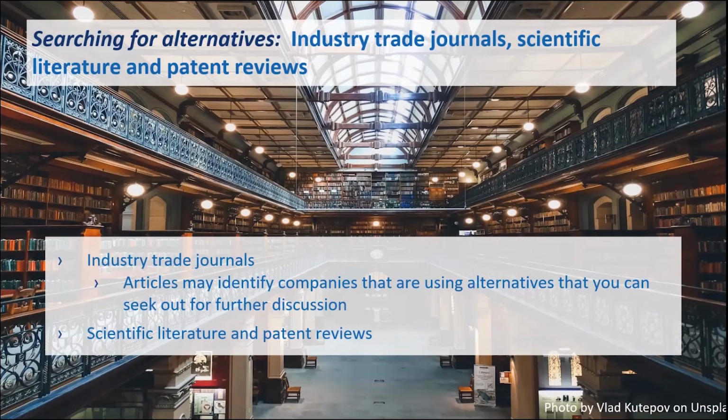These articles may identify the companies that are using alternatives, and you can seek them out for further discussion. The scientific literature and patent reviews may provide information on alternatives that are in various stages of research and development. These may present currently unavailable innovations that you want to track and perhaps even support the development of to help you solve your specific issue.